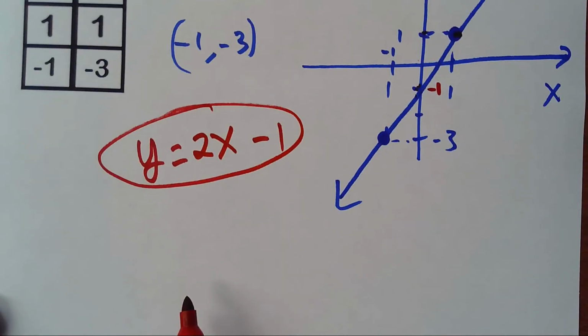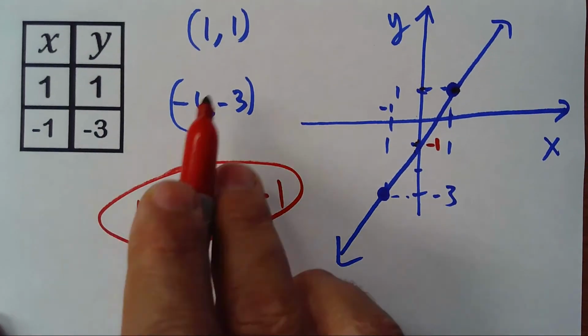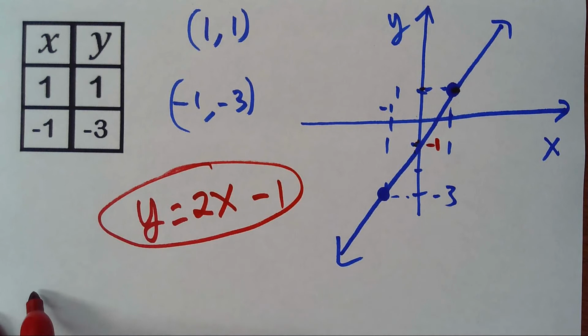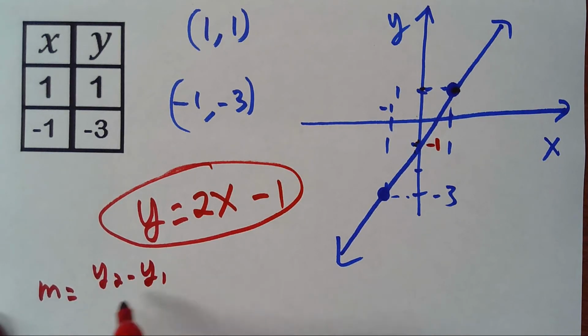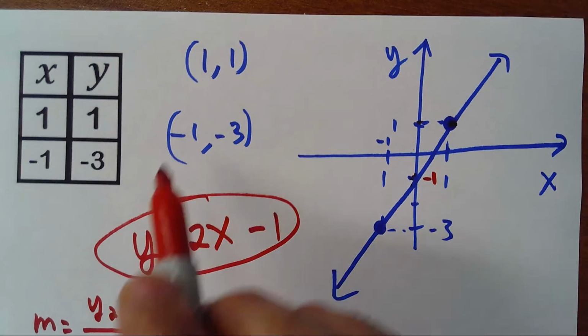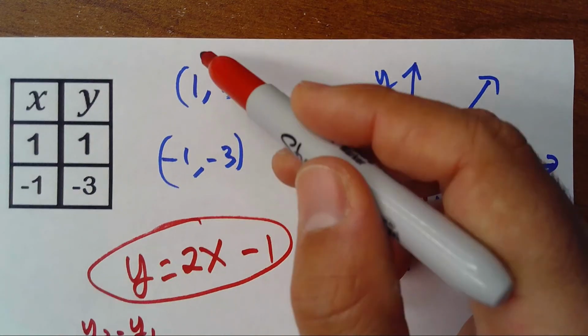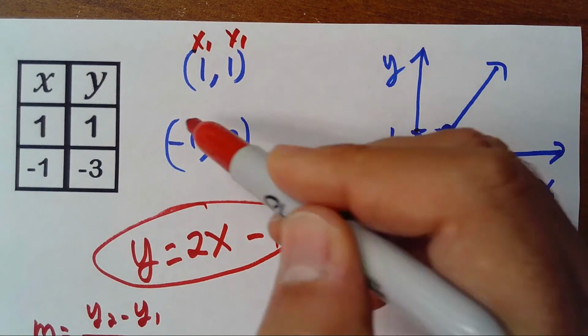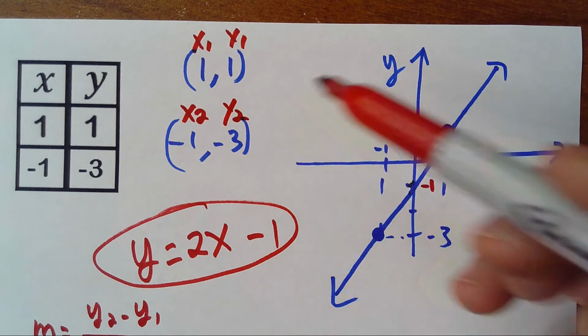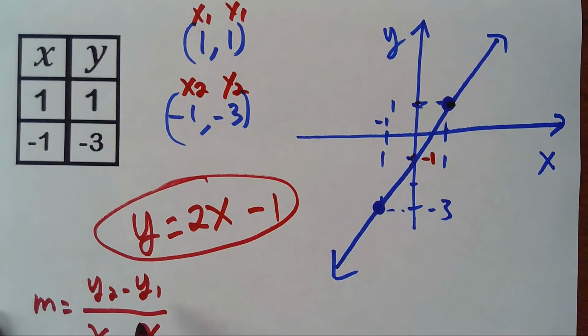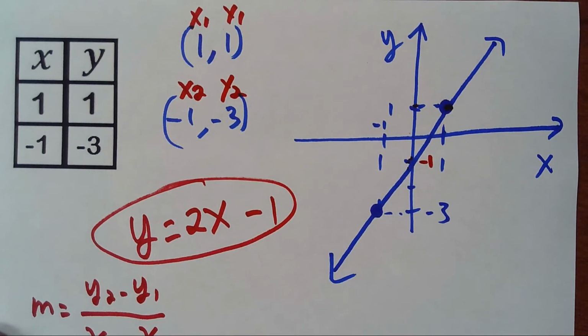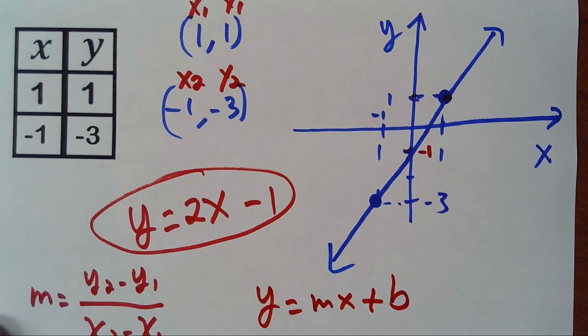Now another way you can find the equation with those 2 points is finding the slope with the formula m equals y2 minus y1 over x2 minus x1. You substitute. Remember, this point is x1, y1, and this is x2, y2. Okay, you substitute in the formula, you find the slope. Once you have the slope, you use y equals mx plus b.